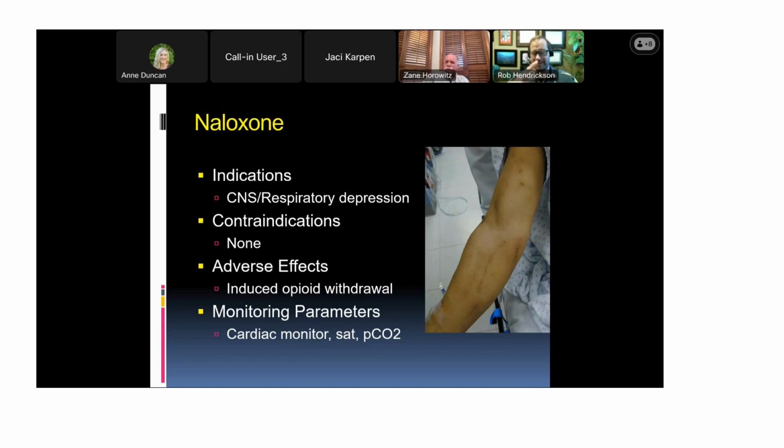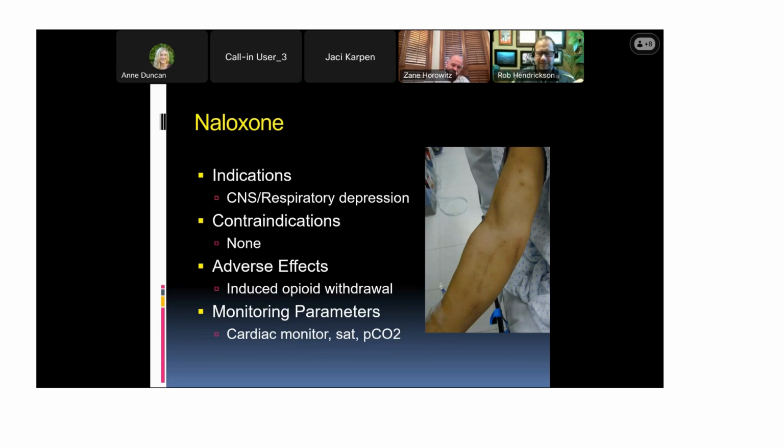So I'll talk about that as a separate thing. But if it's a child or someone who doesn't use chronic opioids, they used 70 milligrams of IV naloxone with almost no side effects. I say almost because their blood pressure went up 5 millimeters of mercury. That was considered a side effect, but I don't consider that a side effect.